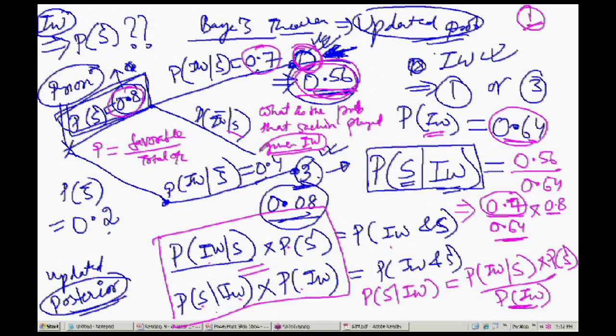So whatever is given to you, given India won, India winning or not winning should be on the second, that is the right side. That means this is the first path, either Sachin playing or not playing, then India winning or not winning. Now they have given you that India has won. So whenever they have given India has won, it should be on the right side, and whatever they are asking you to determine, that is, Sachin played, should be on your left side.